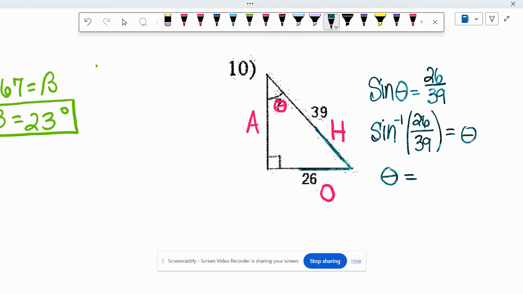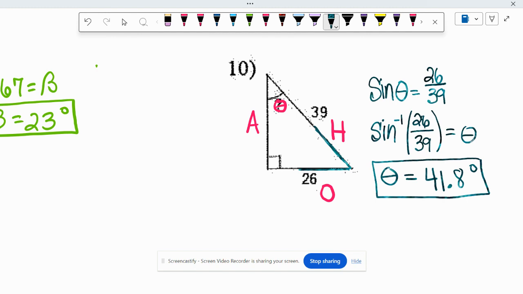Okay, so what'd you get? 41.8. Nathan, this is an angle, 41.8 degrees. Good job. 41.8 degrees.